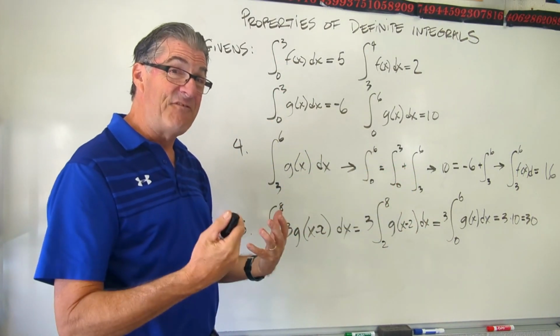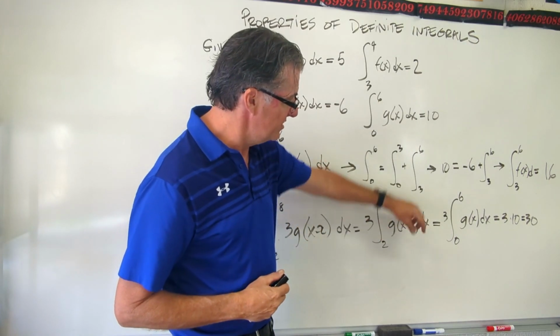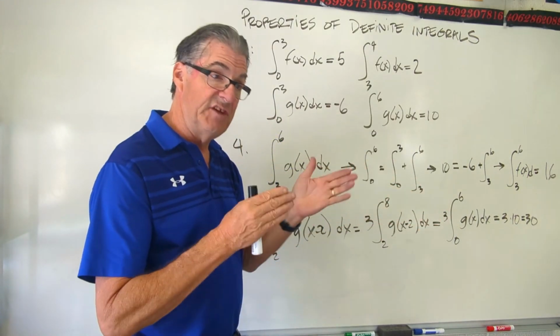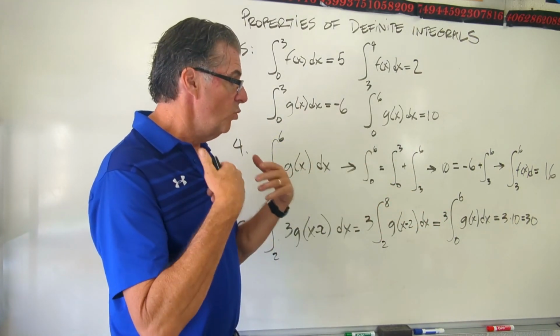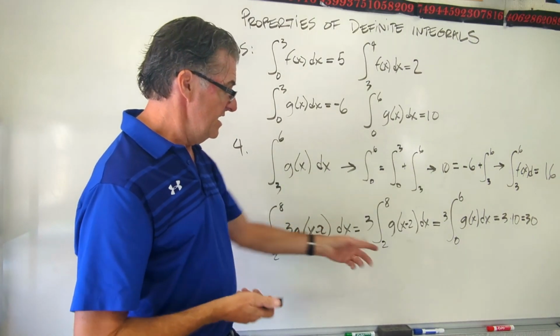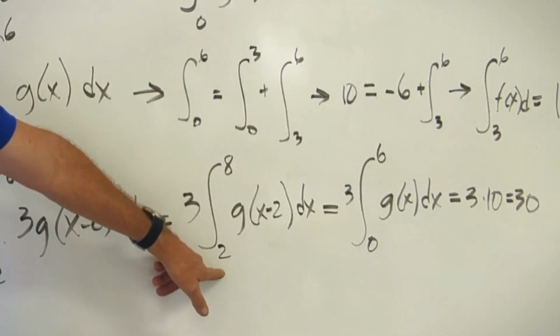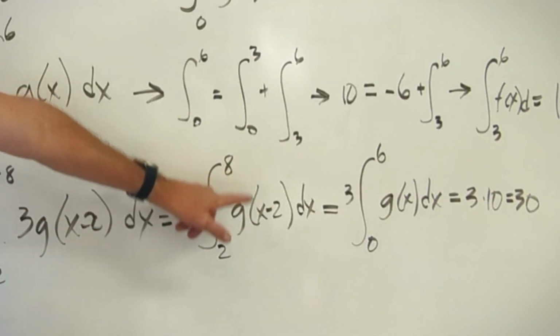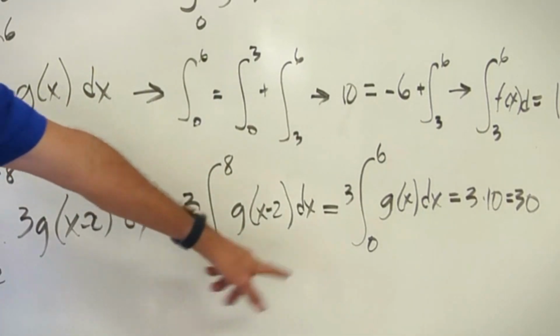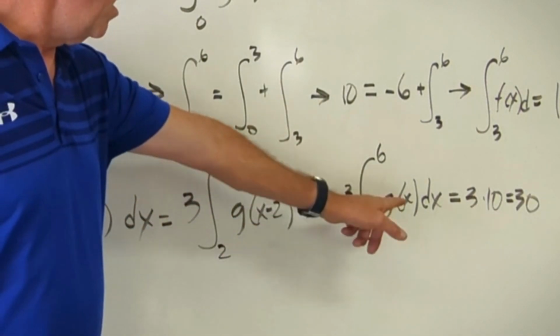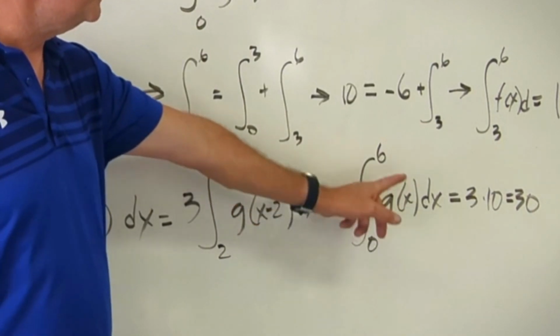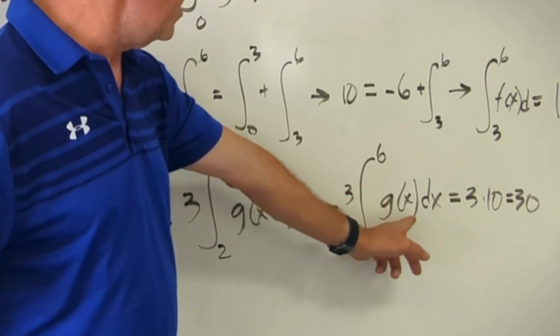So in fact, any function, when you have a minus 2 inside your parentheses, you're shifting it to the right by 2. So what that does is that changes our range. We're going to subtract 2 from each of these. And so this becomes 3 times the integral from 0 to 6 of just plain old g of x dx.